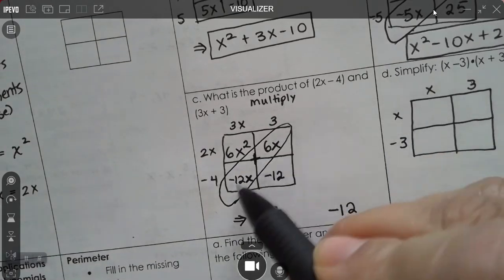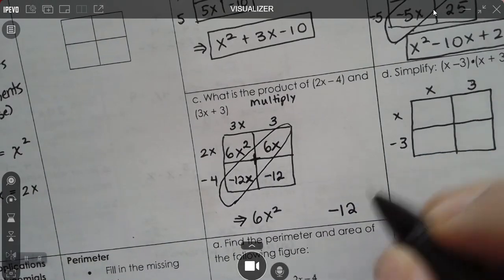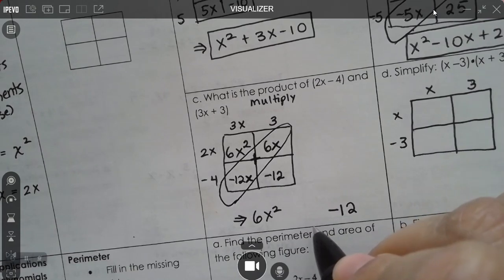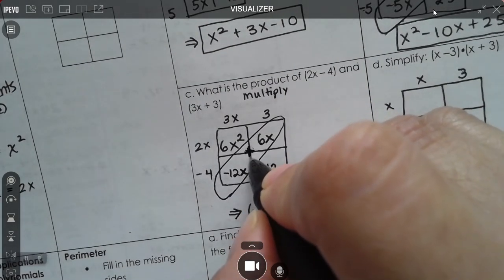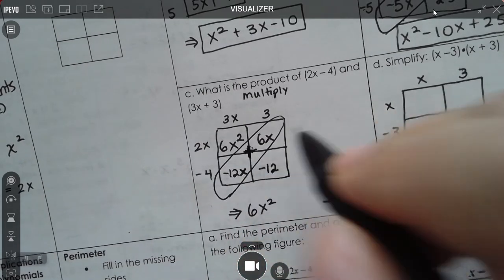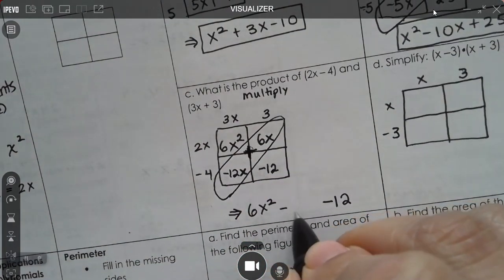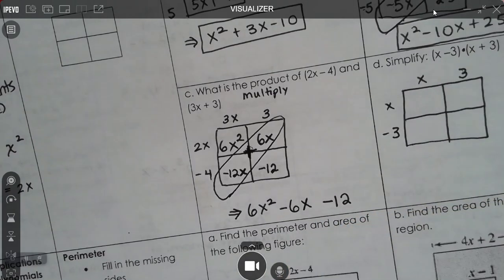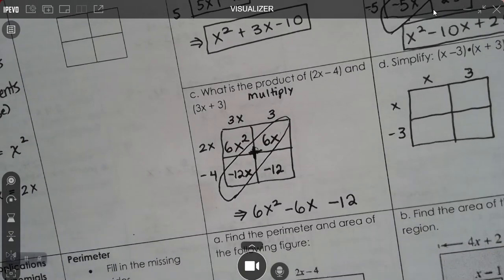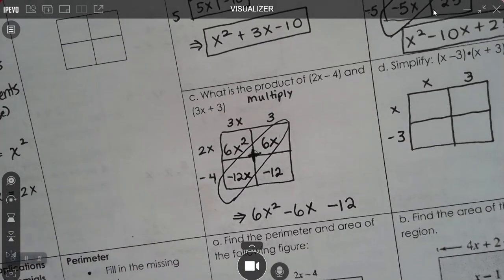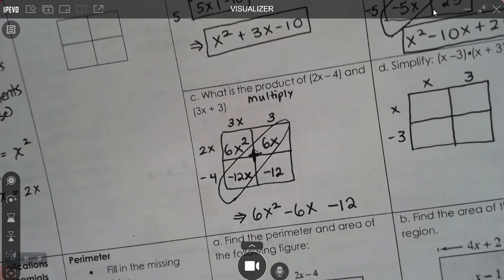You got to combine those two terms. Negative what? When you're combining like terms, you're adding them. So this intersection right here looks like a plus sign. Use that to remind yourself that you need to add those coefficients. -6x. Okay. Remember, after you fill in the 4 boxes, you are done multiplying. After that, it's just combining like terms.